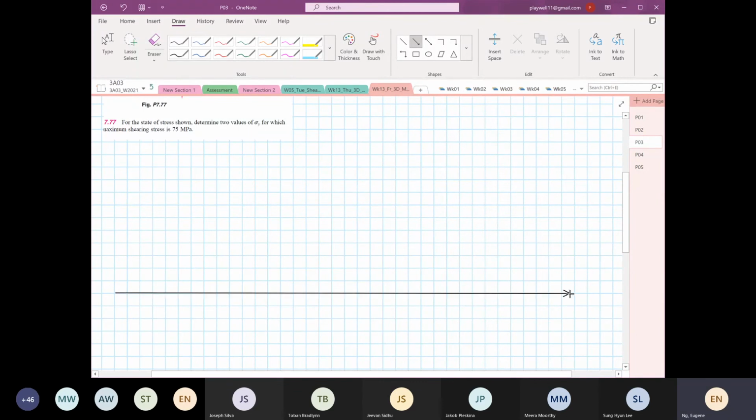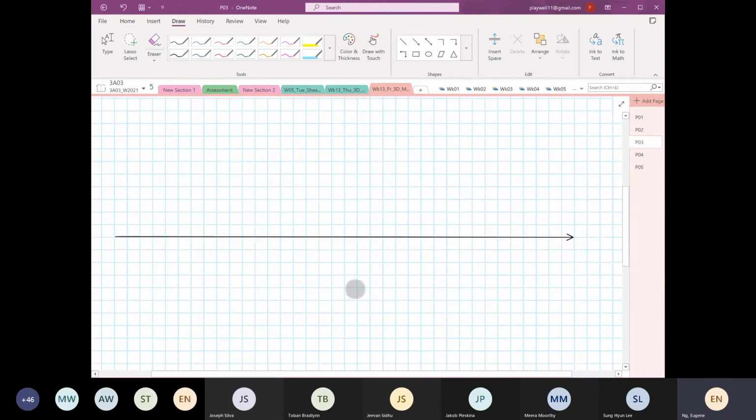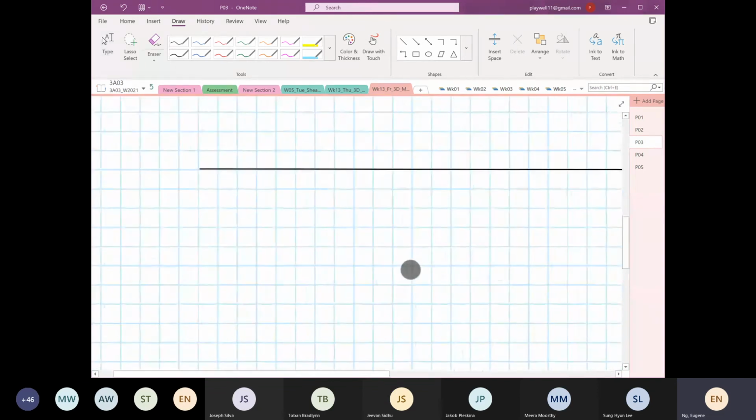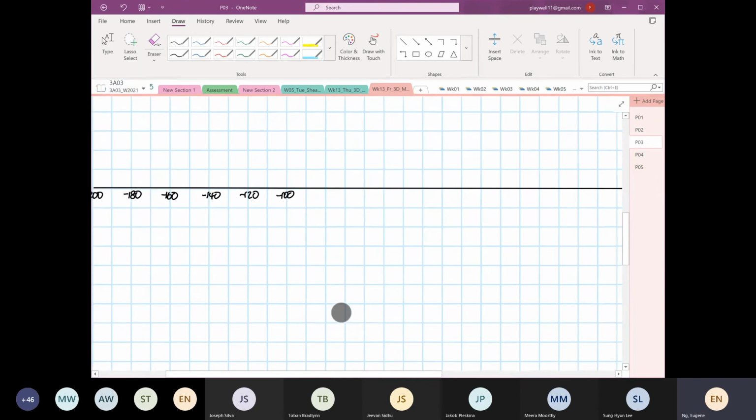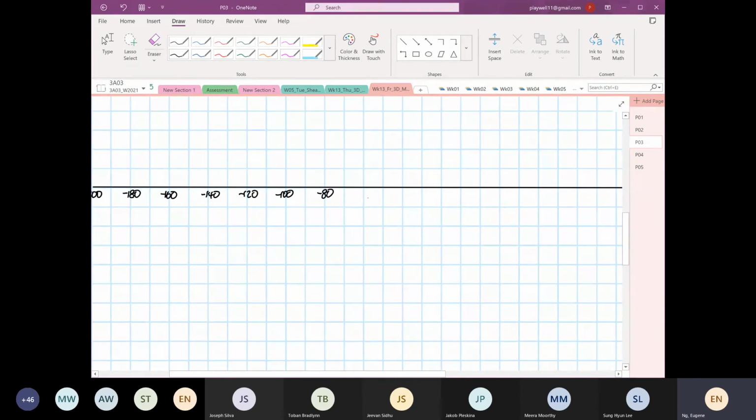I'm going to draw the full length, because I have something to highlight. I will take minus 200, 180, 160, 140, 120, 100, then minus 80, minus 60, minus 40, 20, 0.